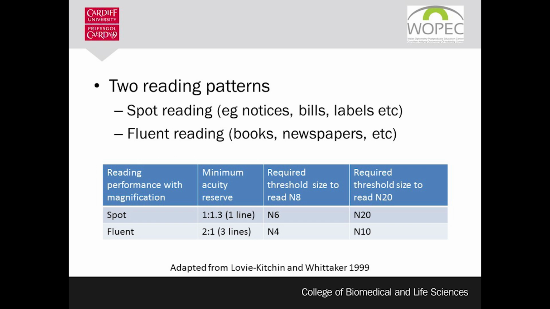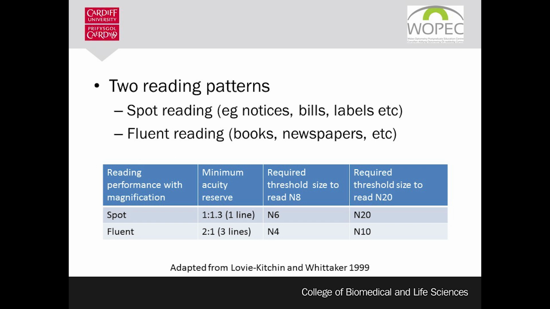You get the required reserve by dividing the threshold visual acuity by the largest figure in the ratio. For spot reading, we divide 8 by 1.3 because the reserve is 1.3 to 1, and we get an approximate answer of font size 6. The same applies to fluent reading.